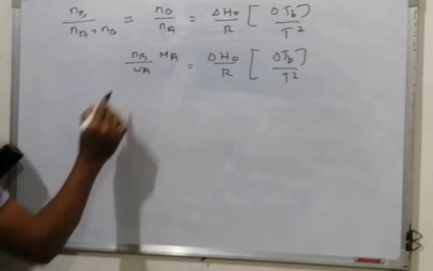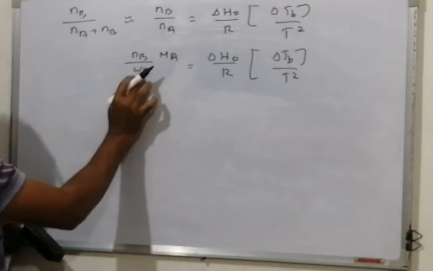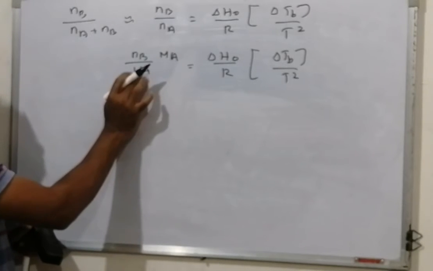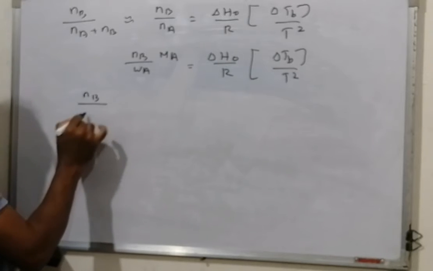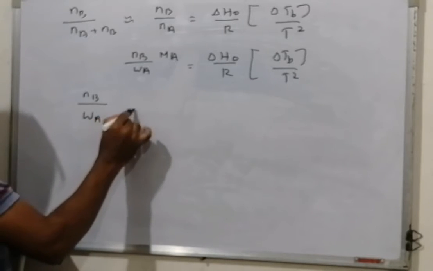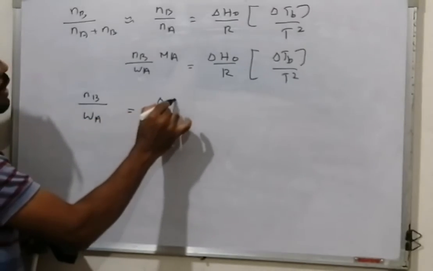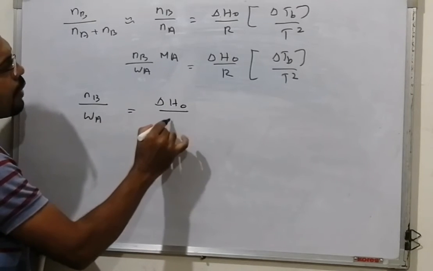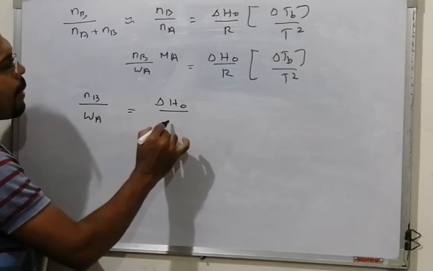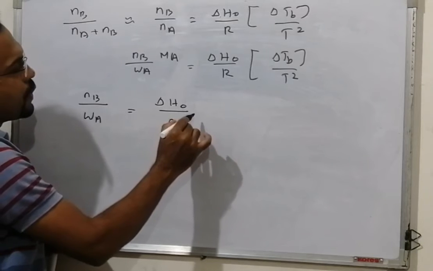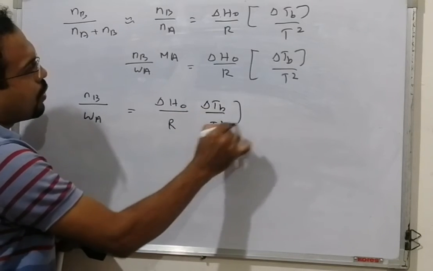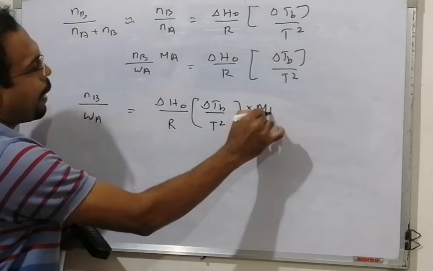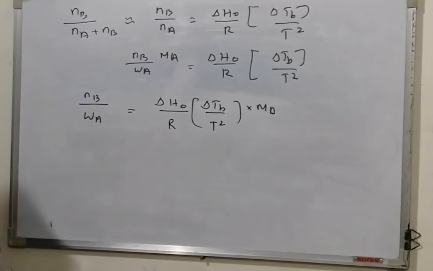This is the number of moles of solute, and this is the mass of solvent. Therefore, NB divided by WA is equal to delta H0 divided by R into delta Tb by T square into MA. Okay.